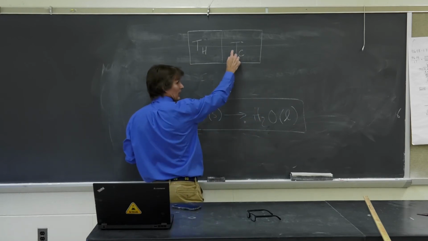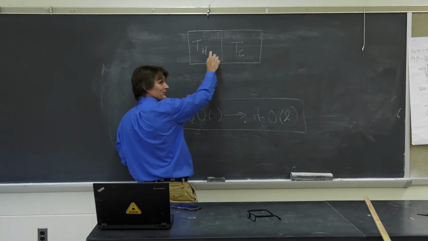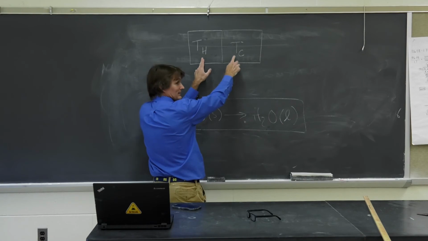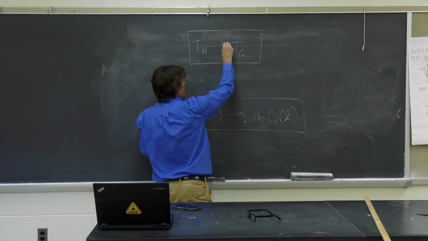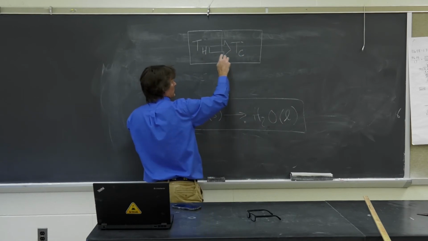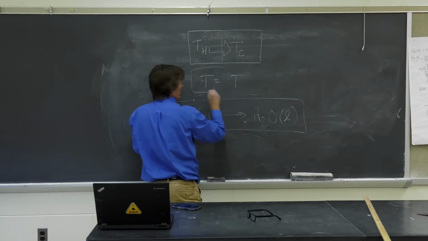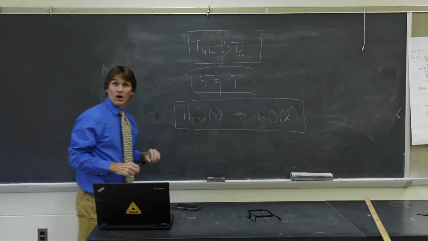So you don't get a colder object transferring energy to a hotter object where this temperature goes up and this temperature goes down. That's not what we see. What we see is a flow of energy from the hot object to the cold object until the temperatures of both objects are equal.